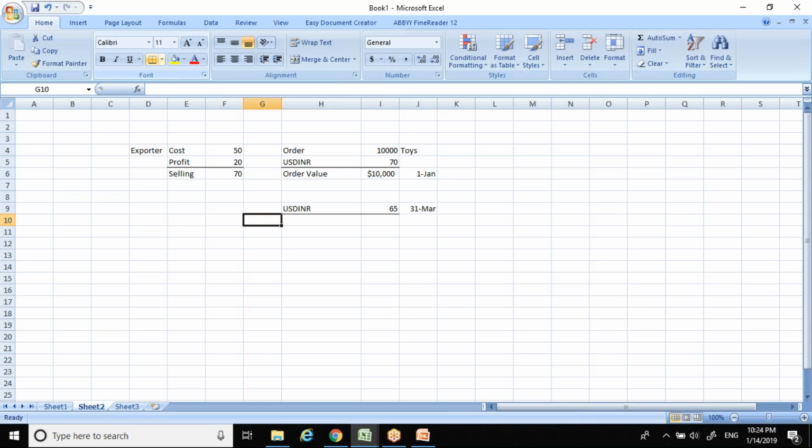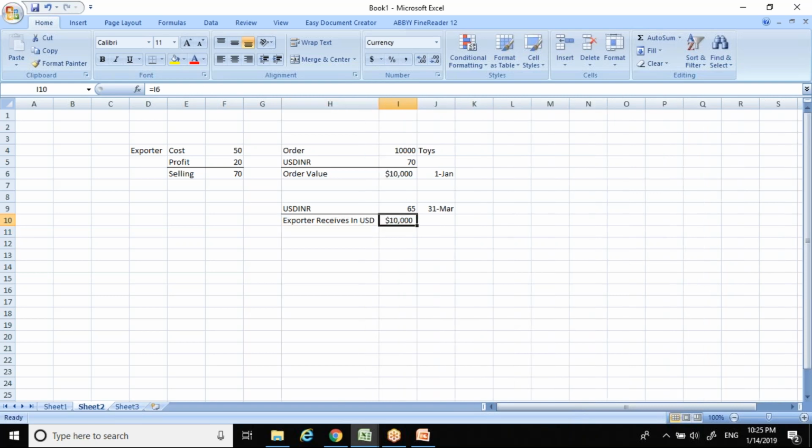In this situation, the exporter receives around $10,000 in USD, and when he converts, obviously he will have some losses.